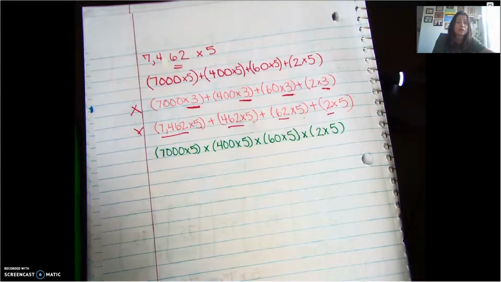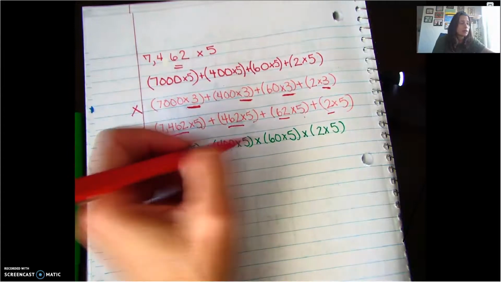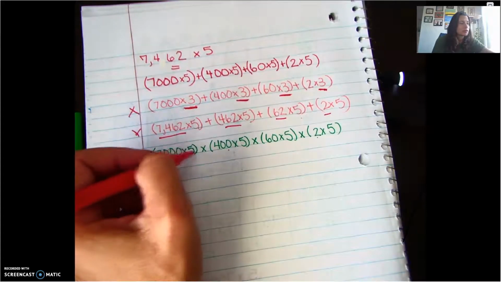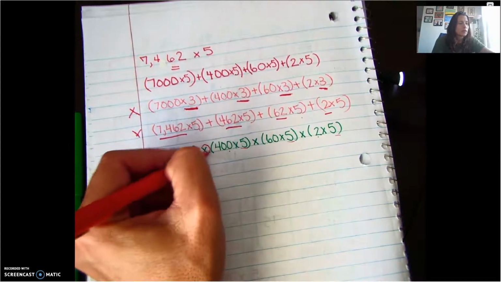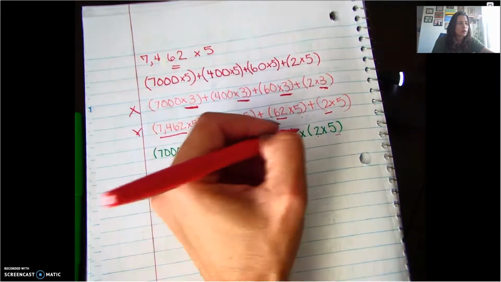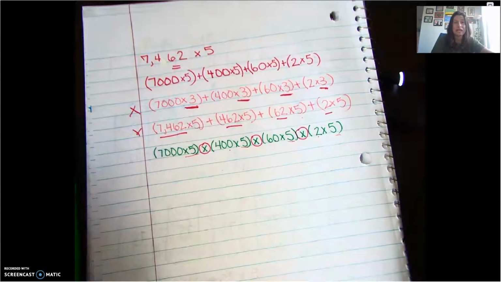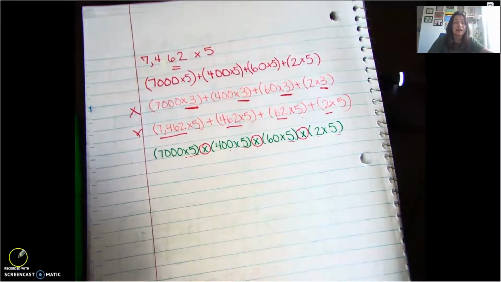Okay, so let's go through and check it. Expanded is correct. Distributed is correct. But what did they do here? They multiplied it. They did not add it.